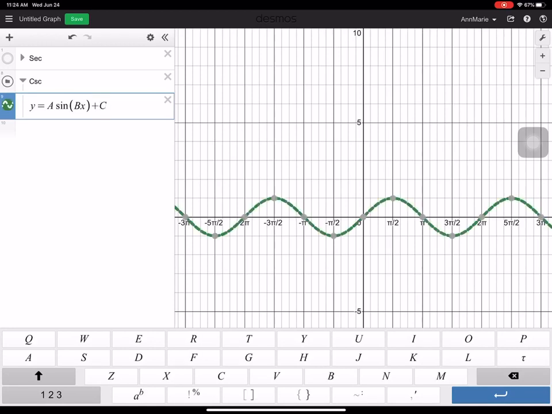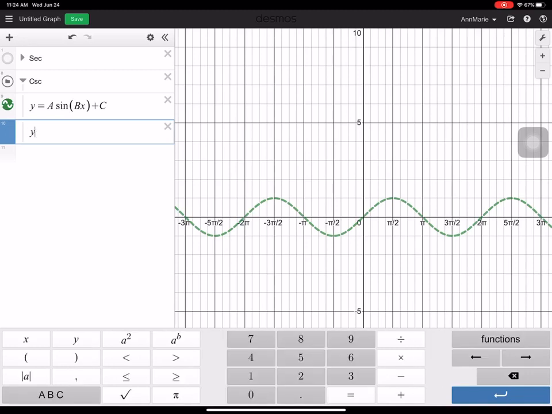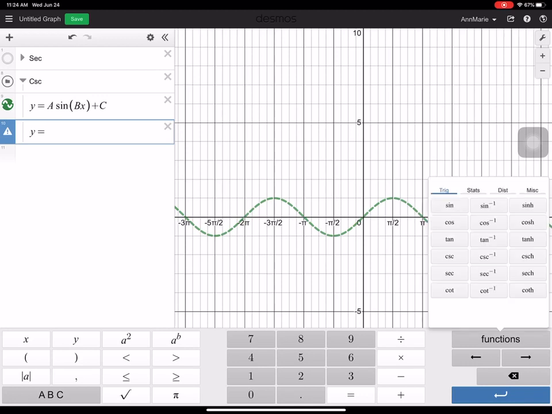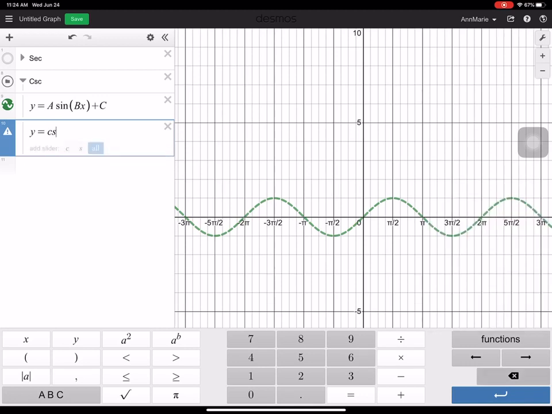Now let's put in cosecant, and I'm sure you know what it's going to look like. Let me make it an adjustable one.